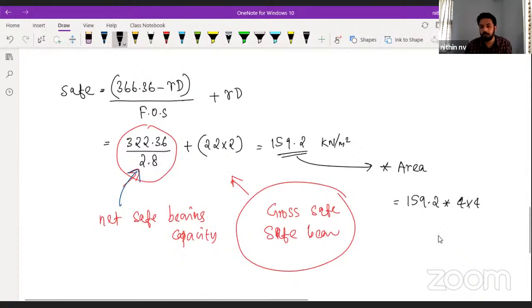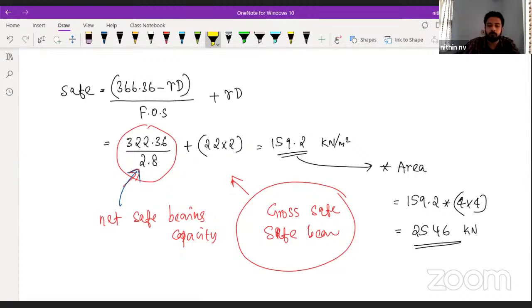Into 4 is the area. Now tell me, guys, how much is the answer? Are you getting the same approximately? 2546, 2547, whatever, everything will be correct. Clear?